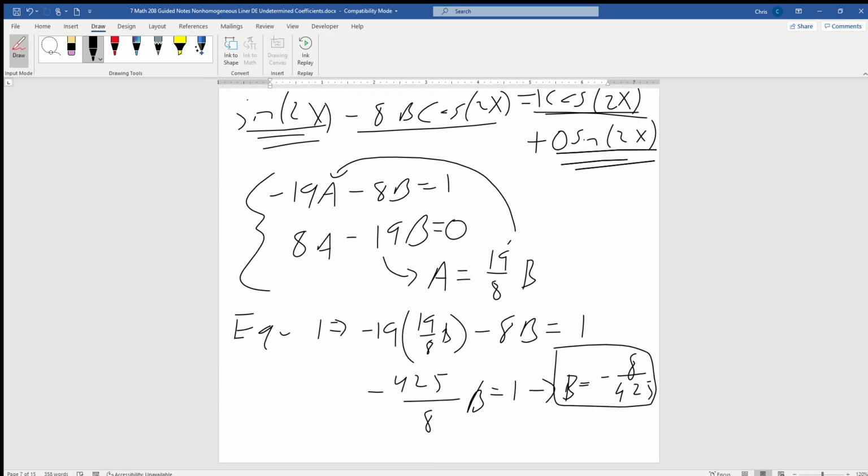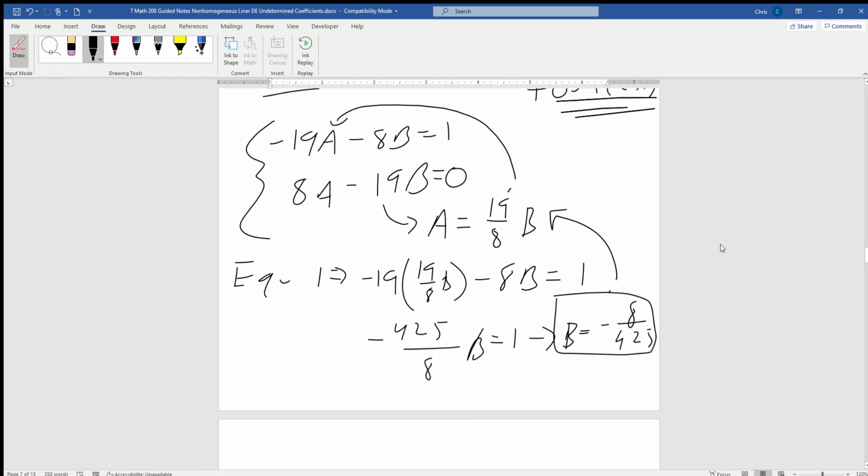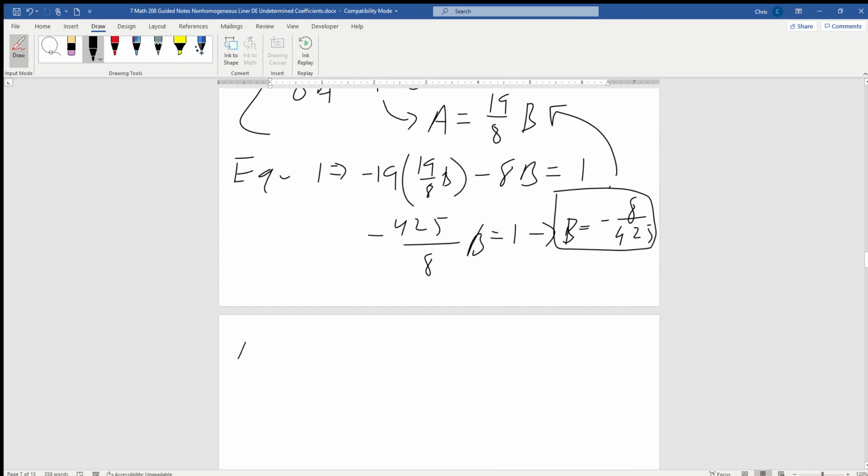And the good news is we can immediately back substitute that to solve for a. So a is equal to 19/8 times negative 8 over 425. The 8s are going to cancel, so we really just have 19 over negative 425, and that's just negative 19 over 425.